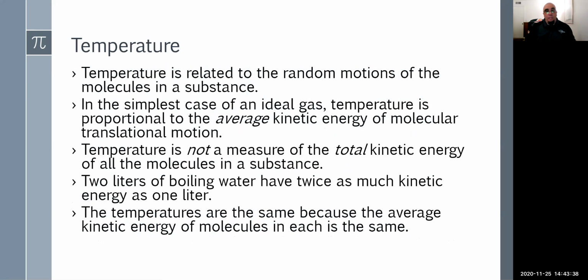If we have 2 liters of boiling water, it will have twice as much kinetic energy as 1 liter because the volume is different. The temperatures, though, are going to be the same, right? If we have 2 liters of water at 100 degrees Celsius boiling, and 1 liter at 100 degrees Celsius, they both have the same temperature, but that 2 liters has twice as much kinetic energy because of the volume of it.